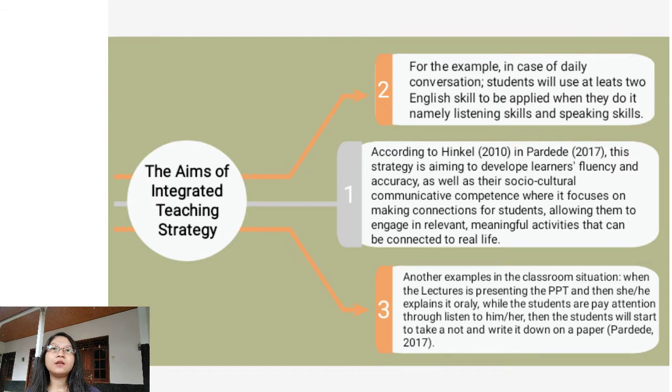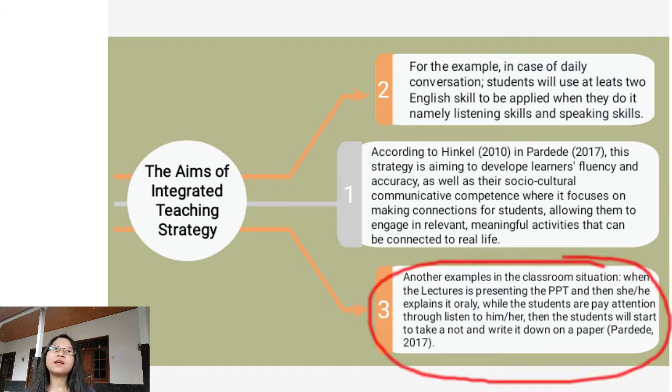And another example is in the classroom situation. The lecturer and the students read the slides previously written. The lecturer provides explanations through speaking while the students listen to the lecturer. The students also take their own notes.